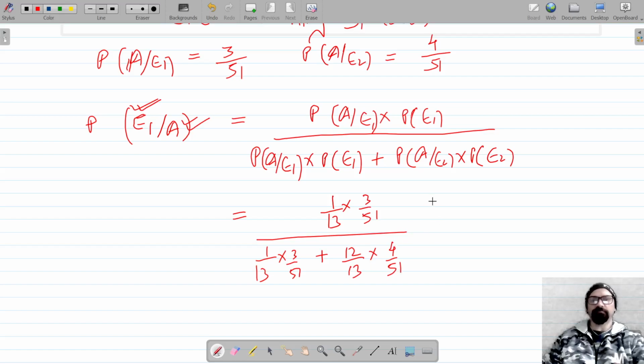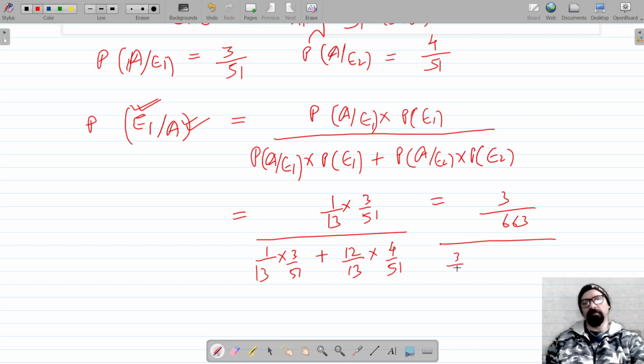Now 13 into 51 is equal to 663. So this is 3 upon 663, divided by 3 upon 663 plus 12 into 4, which is 48, upon 663.